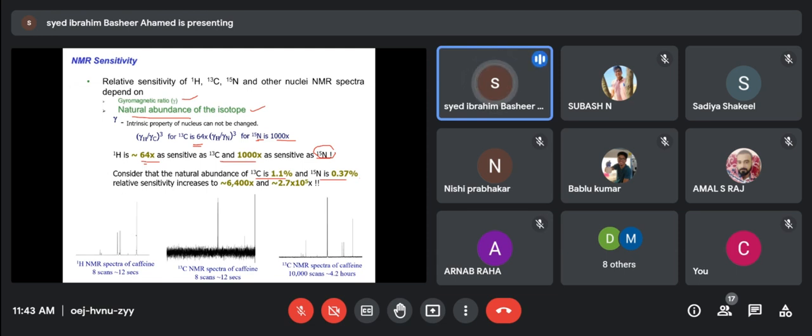Here you can see a proton NMR spectrum of caffeine. It's a caffeine molecule. Just exposing for 12 seconds with 8 scans, you get a very nice peak here.